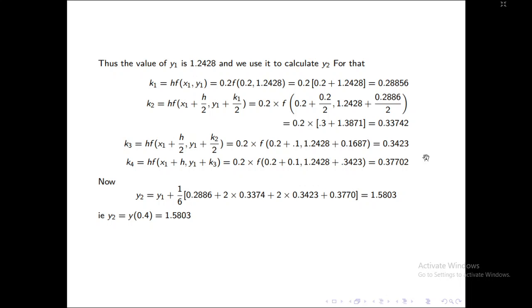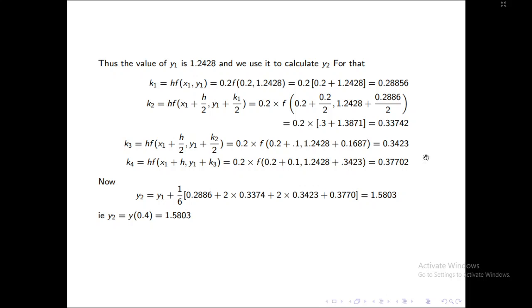So it is rounded as 0.2886. Then k2 is h into f of x1 plus h by 2, that is 0.2 plus 0.2 by 2, that is 0.3, and y1 plus k1 by 2, y1 is 1.2428 plus k1, which is 0.2886, divided by 2.